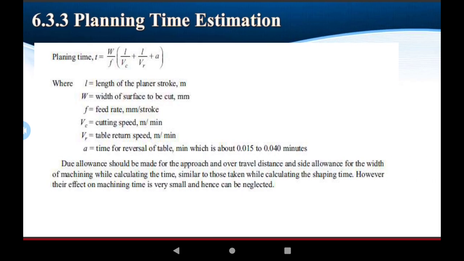The sum of the planing time: find out the time of the machine, the sum of the cutting and return strokes of the planing machine, for t equal to W upon small f, into 1 upon Vc plus 1 upon Vr plus e.